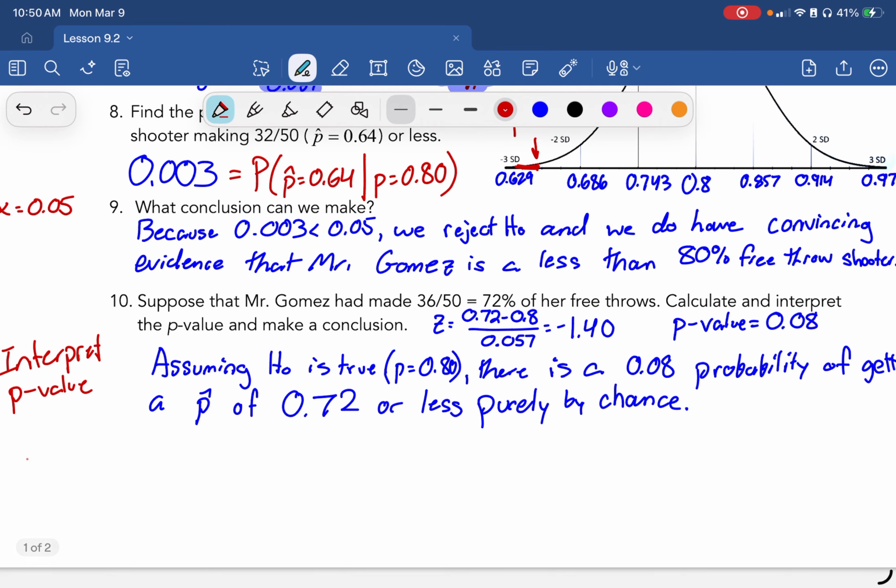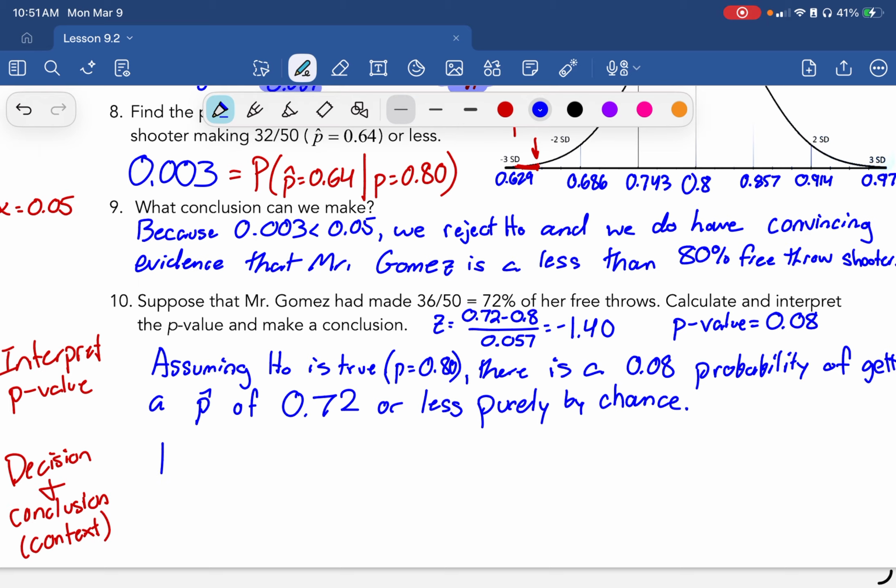What we're going to do next is make a decision and a conclusion with context. So this is where we do the because our p-value is less than or greater than alpha, we reject or fail to reject the null, and we do or do not have convincing evidence of the alternative.